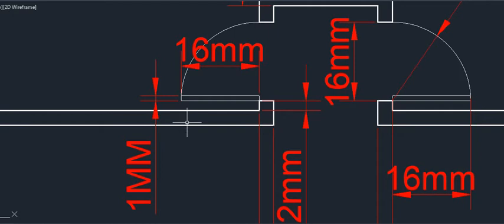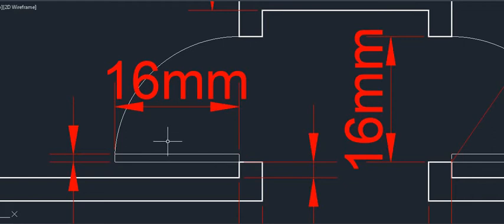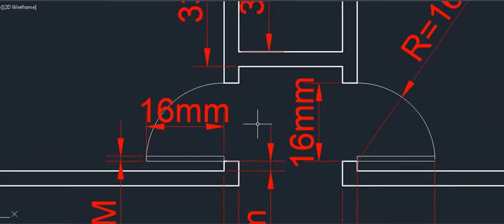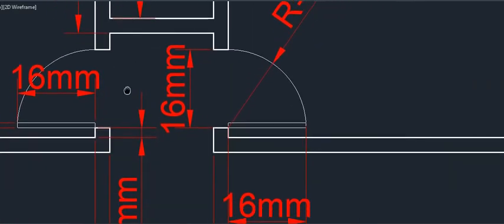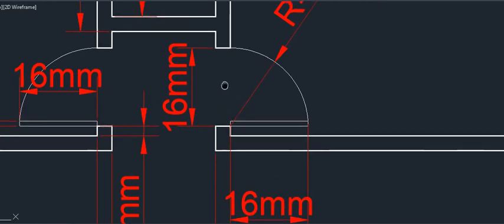And for the width of the door for the bedroom is 16 millimeters, from here up to here.